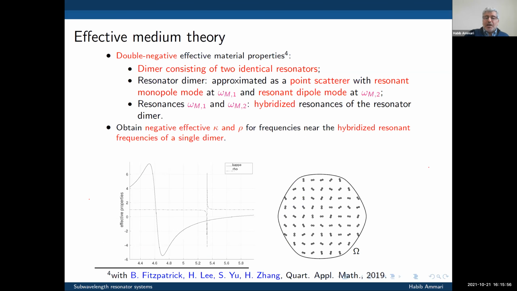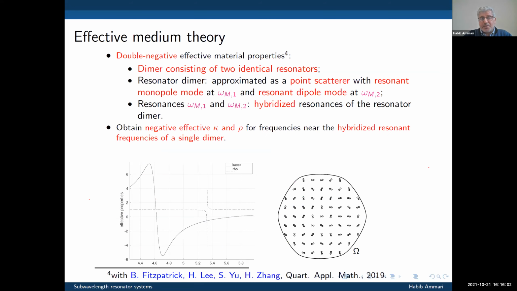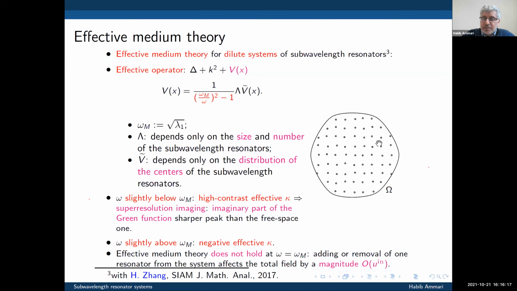Okay, having negative effective kappa is nice, but the challenge is to have double negative effective material properties, with negative kappa and negative effective rho. This can be done using dimers instead of distributing single subwavelength resonators.